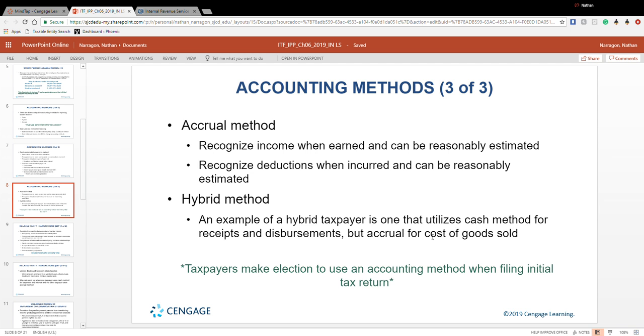If anything with the hybrid method, just understand that that can be a multiple choice question, but it is not typically used. It's either cash or accrual. I have, in my career, never seen the hybrid. So, it's very, very little that we have.